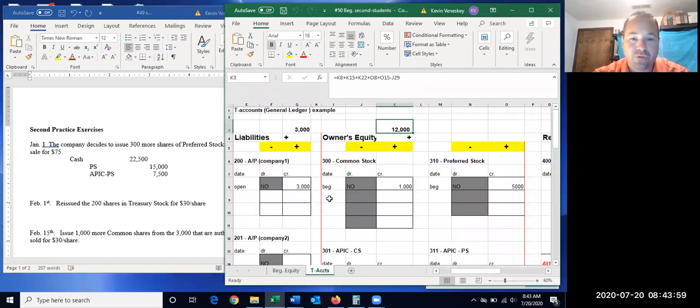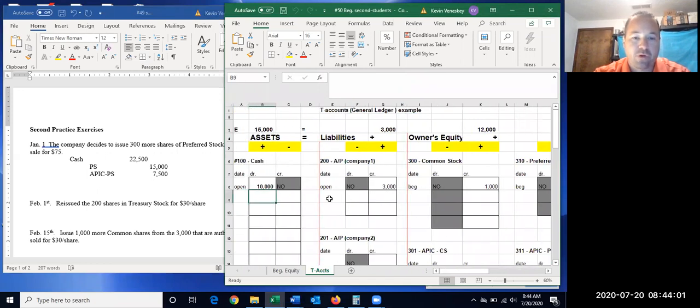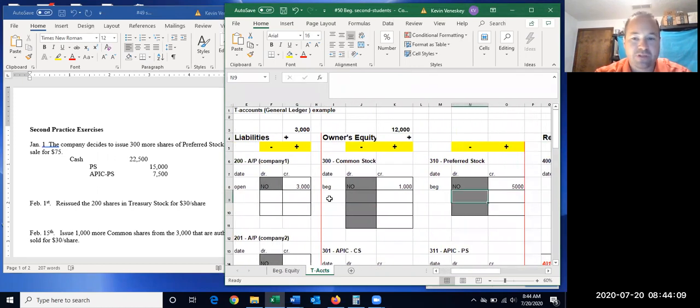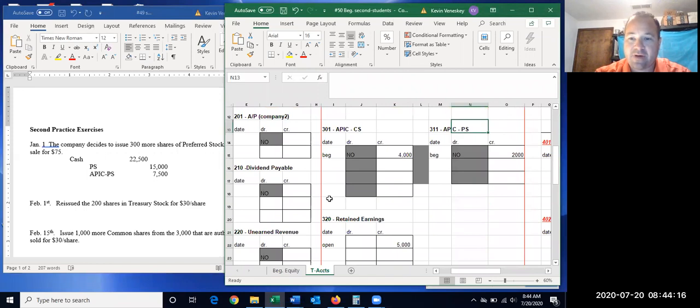So I come over and put in, on January 1, the 22.5, and then for preferred stock on January 1, I had 15,000, and 7,500 added in for the additional paid-in capital.